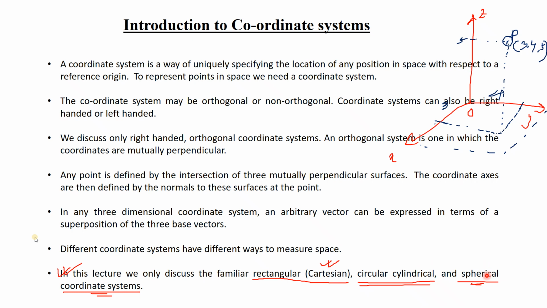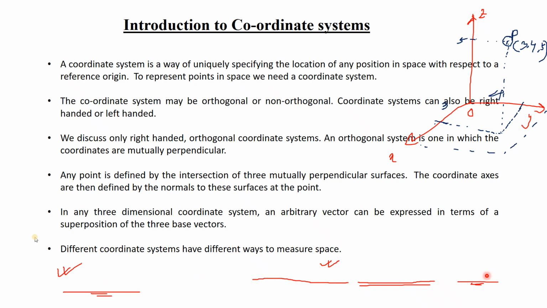Now why are the names like this: rectangular, cylindrical, spherical? I am giving you just a brief idea, because when you study each coordinate system in detail, you will have a clear idea. The basic reason is that in the rectangular coordinate system, which is also called the Cartesian coordinate system, we consider that the whole universe is like a rectangle.